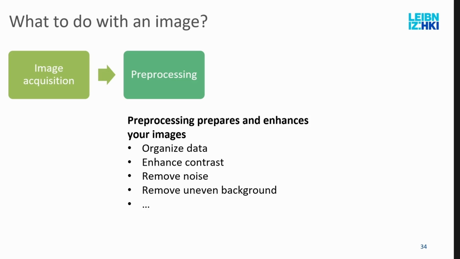So you pre-process the images to enhance them. This means you organize your data, you name them correctly, but then also do more operations directly on the image. For example, you enhance the contrast so you can actually see what structures you're interested in. You remove noise that might disturb the operations down the stream. Or if you have uneven background and other conditions, you can remove them. This is all part of general pre-processing of images.